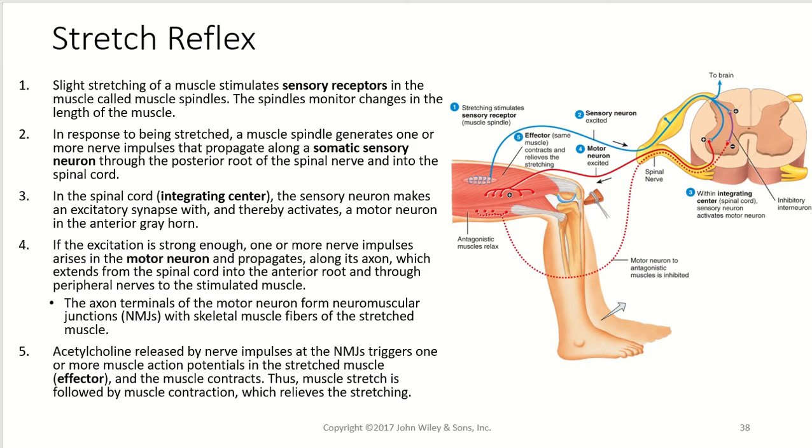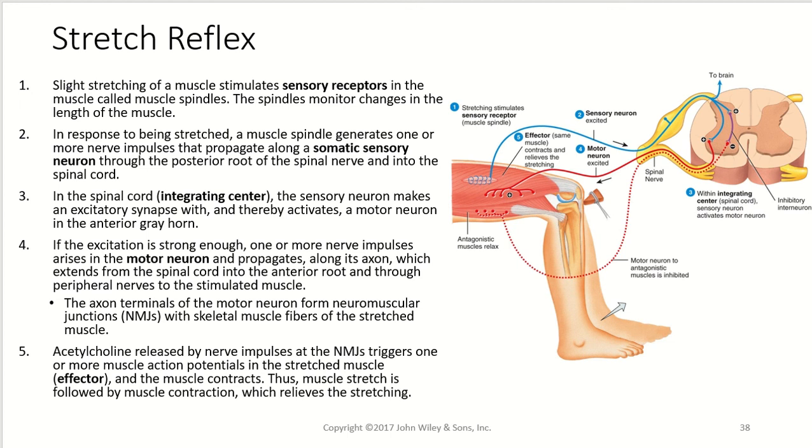So let's look at the various components of the stretch reflex real quick. The slight stretching of a muscle is going to stimulate the sensory receptors in the muscle, those muscle spindles, which we discussed in a different lecture. The spindles are going to monitor changes in the length of the muscle.